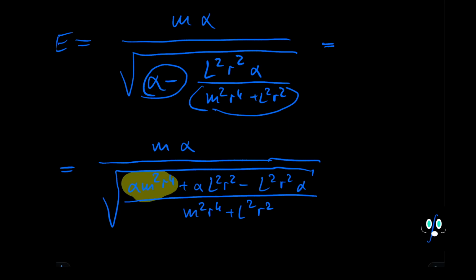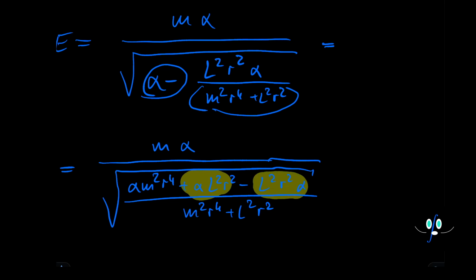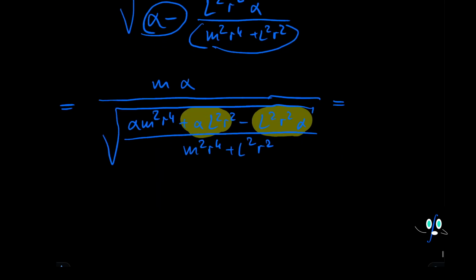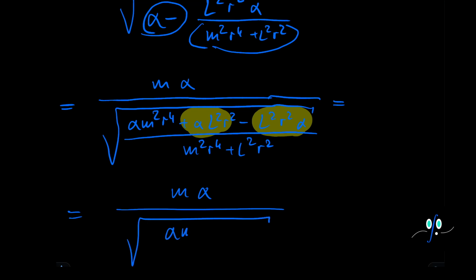And those two cancel each other out. So in the end, we're left with m alpha divided by the square root of alpha m squared r to the power of 4 divided by m squared r to the power of 4 plus L squared r to the power of 2.